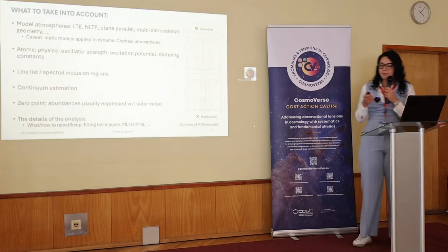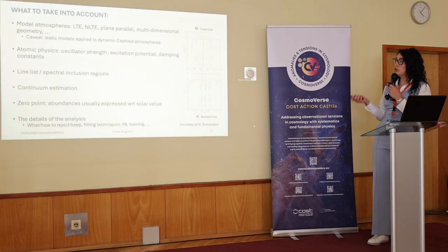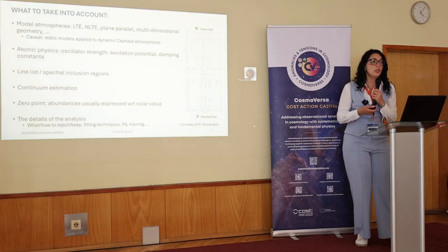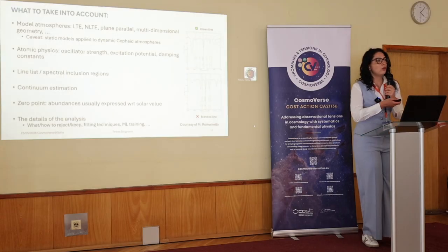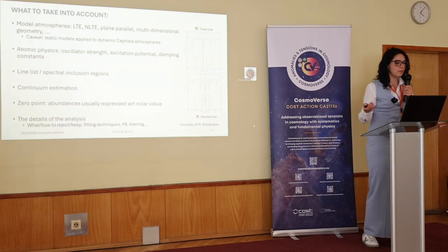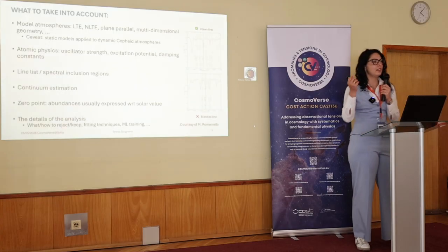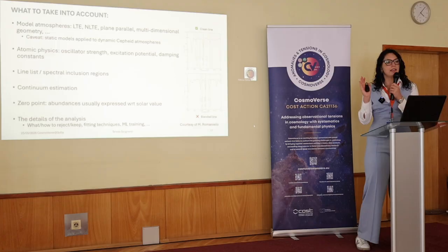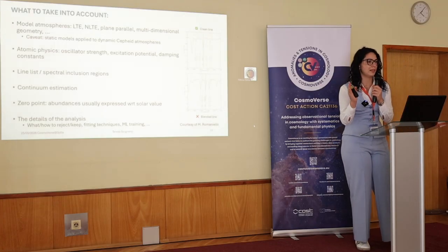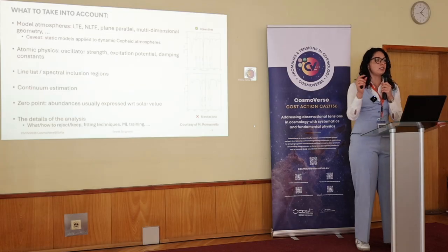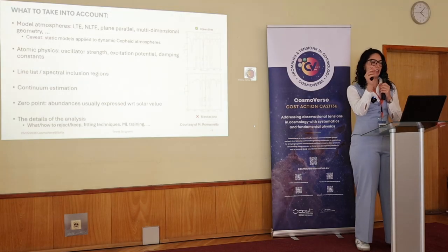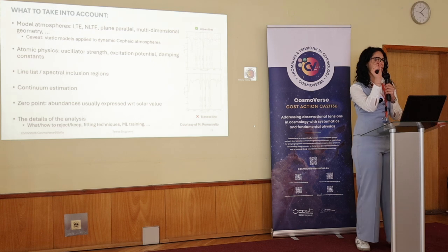And for instance, another thing to take into account is that when we want to estimate, we want to use a line, not all the lines are the same, because, I mean, in the perfect world, every line has its position in the spectrum. In the real world, Cepheids are pulsating, the star is moving. This means that the line is no longer a line, but it becomes broader and broader.